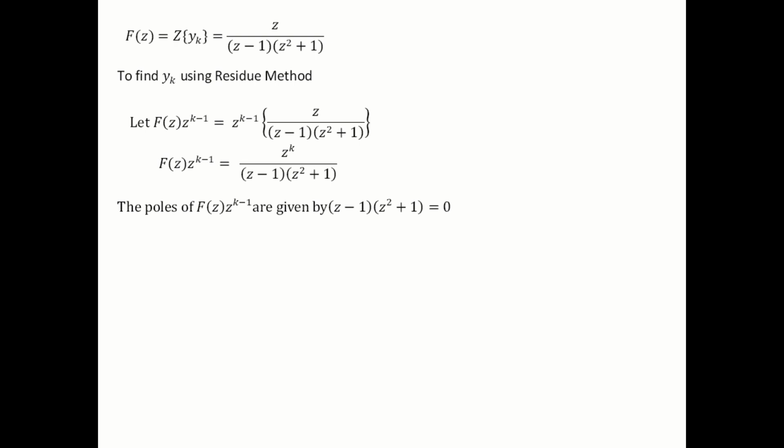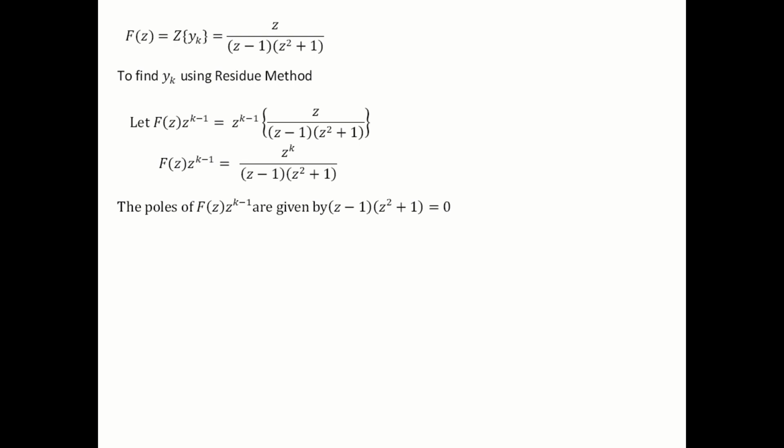We need to find the poles of F(z) z power k minus 1. That is nothing but taking the denominator of the right hand side equal to 0. So (z minus 1)(z square plus 1) equal to 0 means z minus 1 equal to 0 or z square plus 1 equal to 0. z minus 1 equal to 0 means z is equal to 1, a pole of simple order, a simple pole, that is order 1.